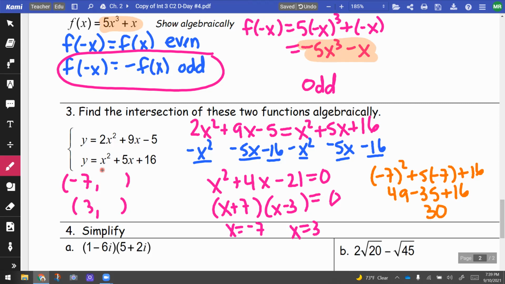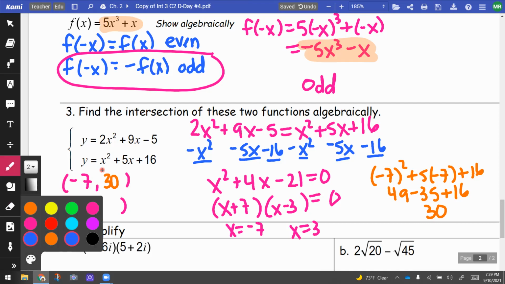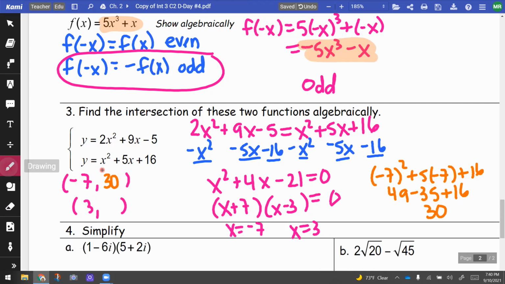Okay. So this is going to be -7 comma 30. And let me put it in the other one. So let's say I do that in this green. Okay.